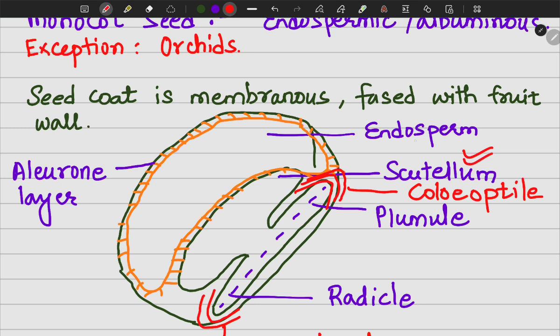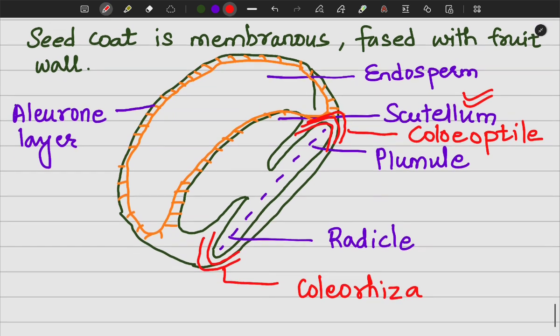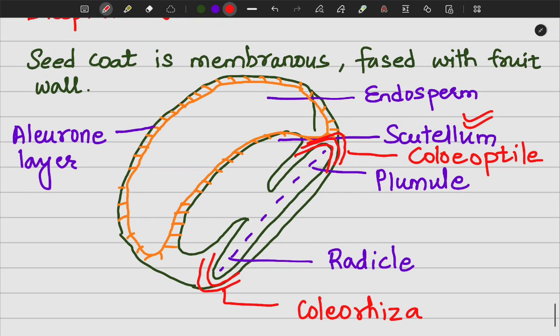The endosperm remains, which forms the majority of the monocot seed, and the embryo is present at the corner, not taking much space, with only one cotyledon. The endosperm has an outer covering made of protein, which is called aleurone layer. Then the plumule and the radicle of the embryo have additional coverings over them, which are called coleoptile and coleorhiza respectively.